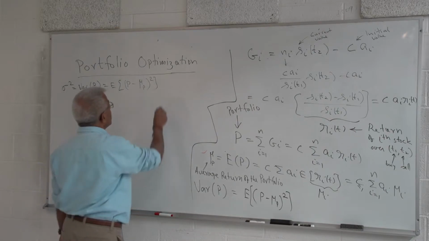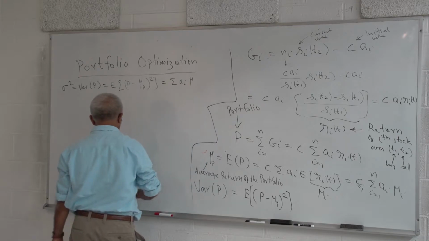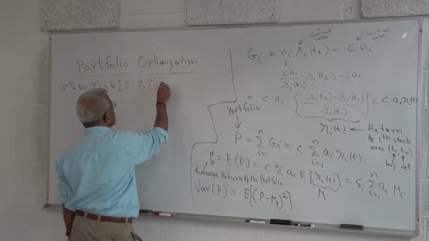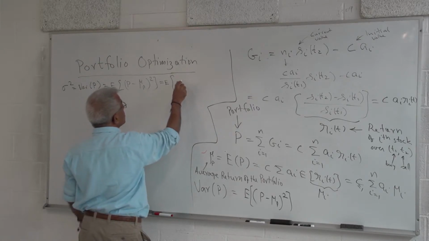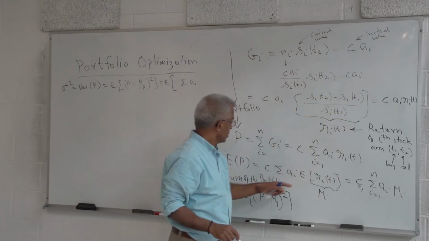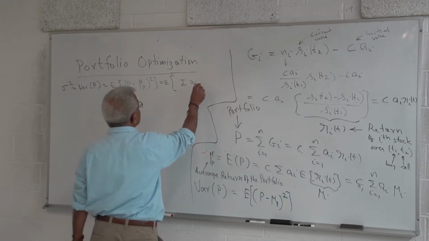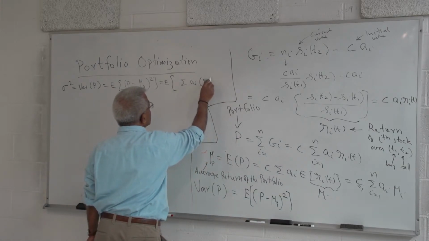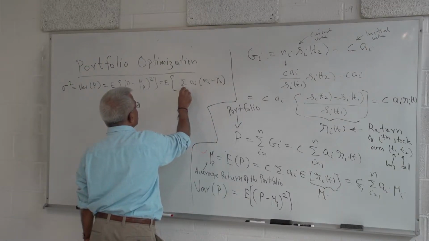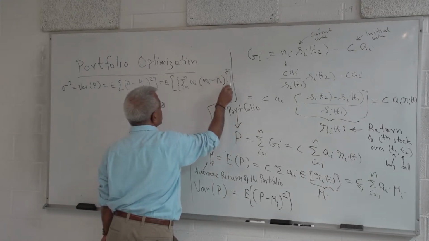So P is given to be sigma AI RI of T, that's P. So this is the expected value of, P is going to be summation AI RI, mu P is sigma AI mu I. So this is sigma AI, Ri minus mu I, i equal to 1 through n, the whole thing squared.